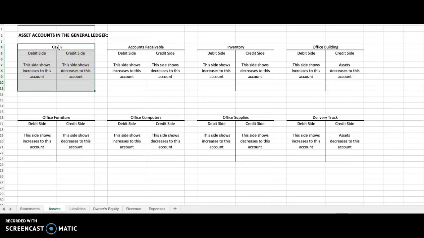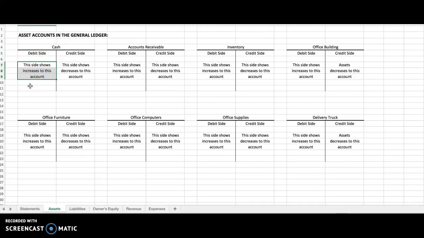So in the ledger, and we'll explain how this works later, when cash increases, if somehow we get more money, somebody pays us money, eventually it ends up in the general ledger in this page called the cash account, and it will end up on the debit side. And the debit side of any asset, including cash, shows increases to the account.